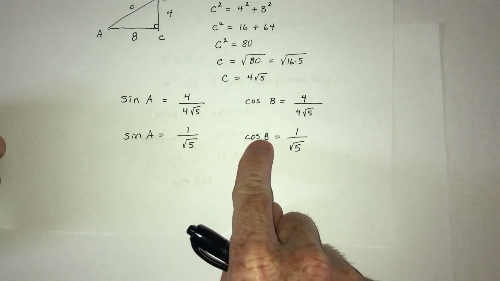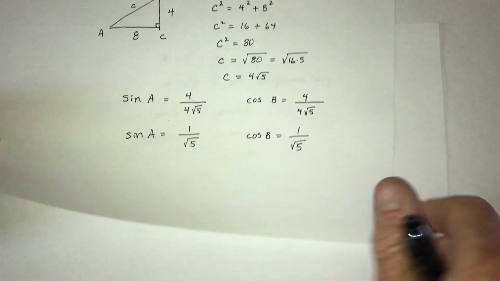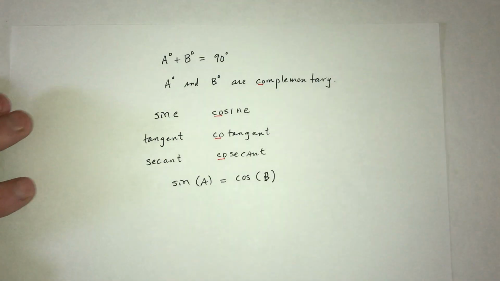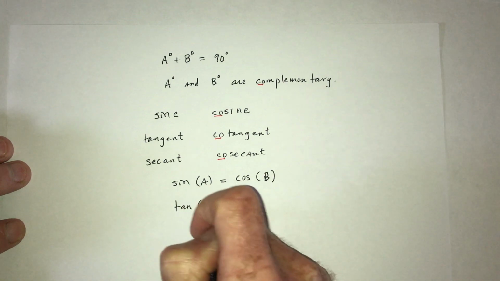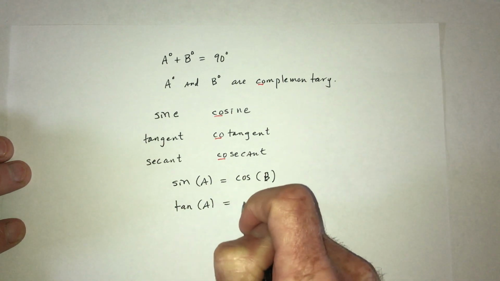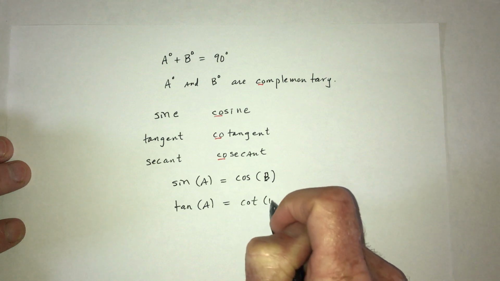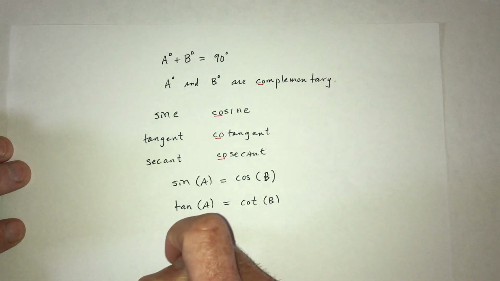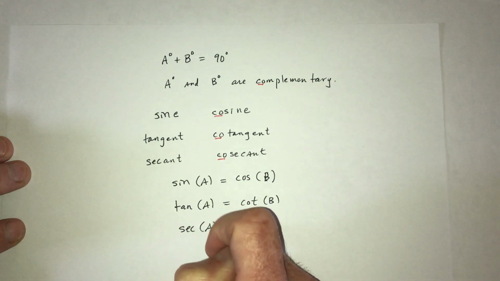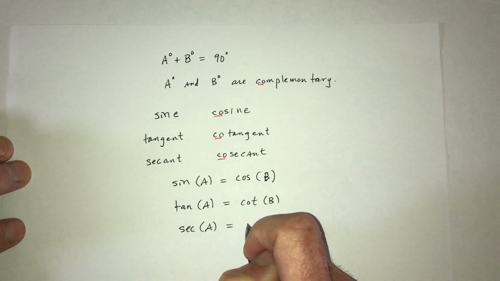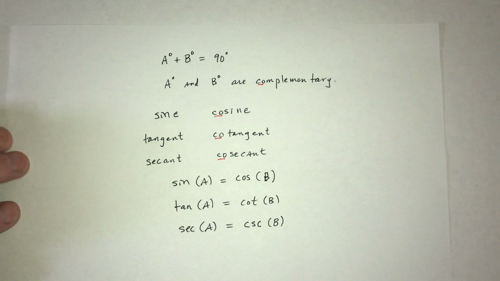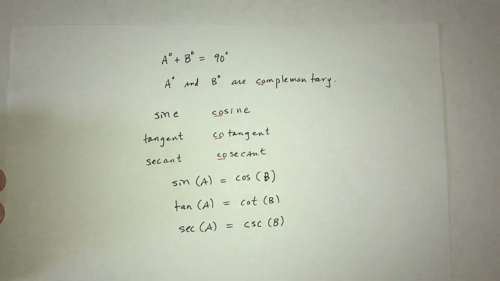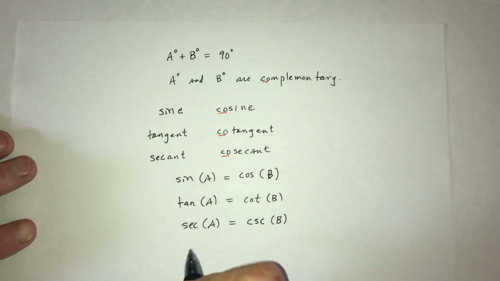So you use the complementary functions, you'll get the same answer. And then for tangent of A, it will equal cotangent of its complement, and secant of A will equal cosecant of B. So this is called the Cofunction Theorem.